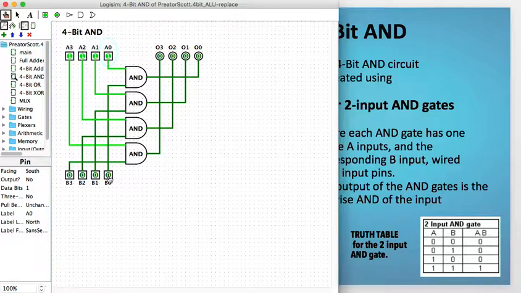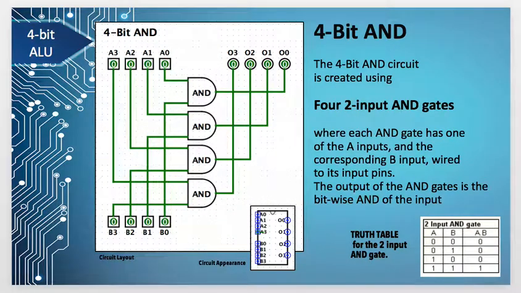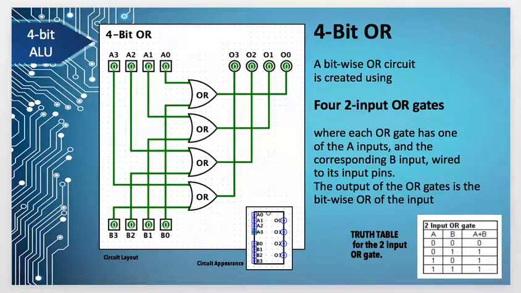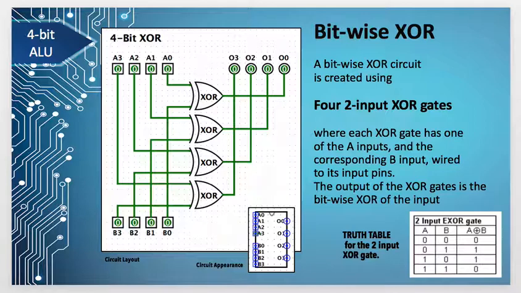We can try it with all of them, but it will work and give us our 4-bit output of the AND logic. We want to do this 2 more times with our OR logic circuit and our XOR logic circuit.